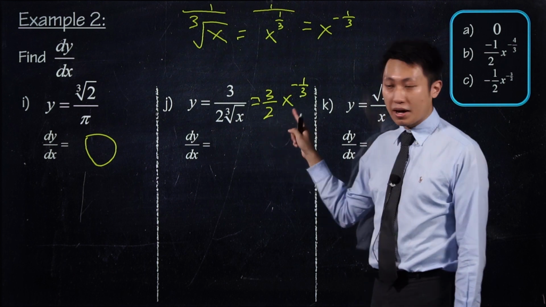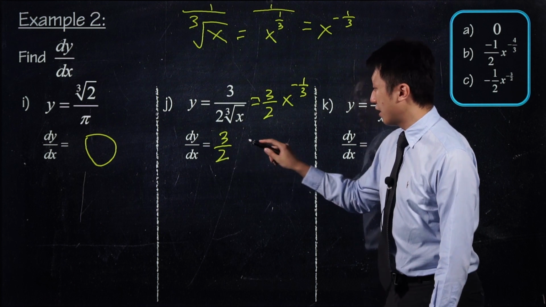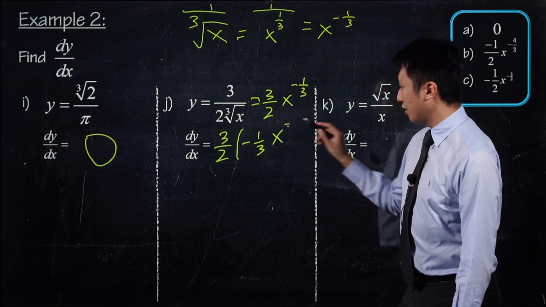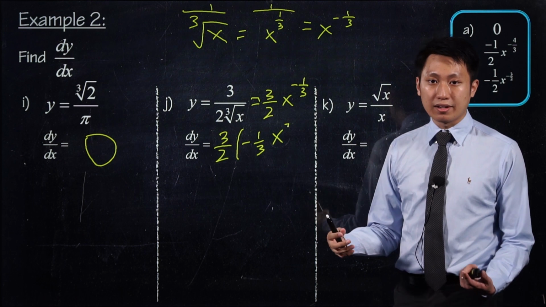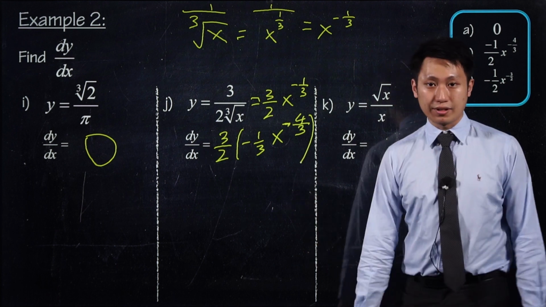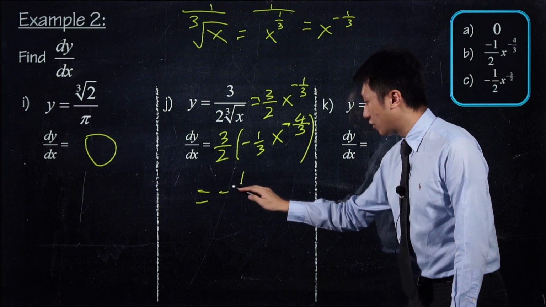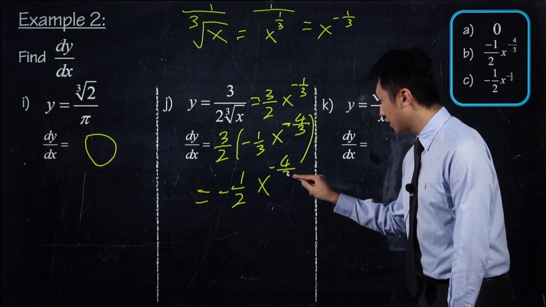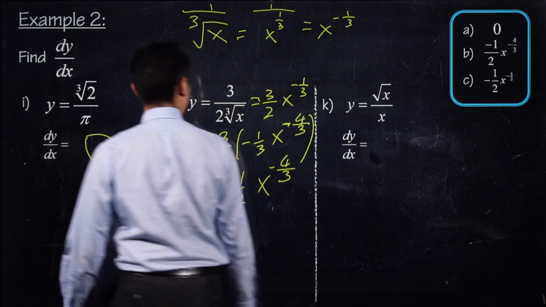Hence, the constant you can bring out first is 3 over 2, then bracket negative 1 over 3 x to the power negative 1 over 3 minus 1, what do you get? Negative 4 over 3. So we got this. Final answer, cancel off: minus 1 over 2, then x to the power minus 4 over 3. Check the answer: minus 1 over 2, x to the power negative 4 over 3. So it's fine.